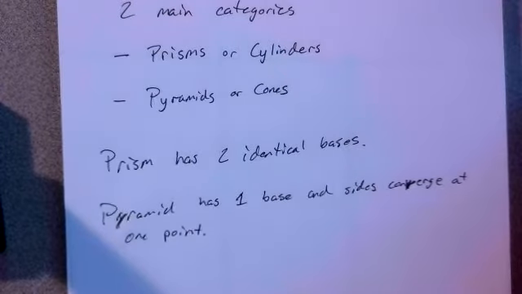You've been dealing with these for a long, long time, but what I want to do is take a look at some of these solids, and ta-da, here I am. And then I want to go over the different naming conventions of them. So let's see. The first one, let's take a look at this guy here. Right here, we have a triangle on one side, a triangle on the other, and then it's solid in between.